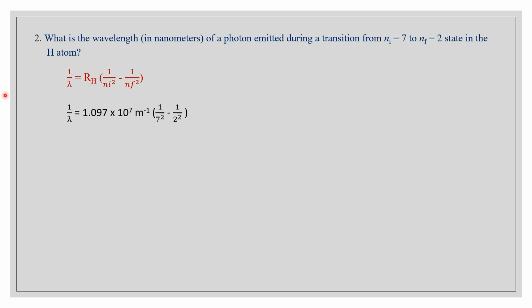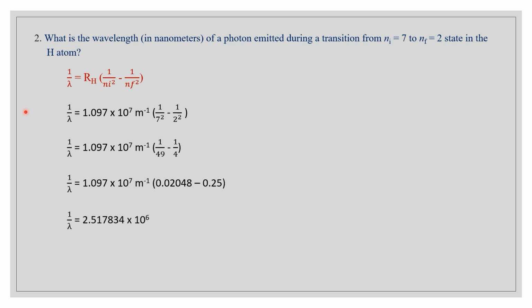So if we apply values, the Rydberg constant value in per meter is 1.097 times 10 to the 7 per meter, times, initially 7 squared minus the final energy level, 2 squared. If you solve this, you can find lambda.